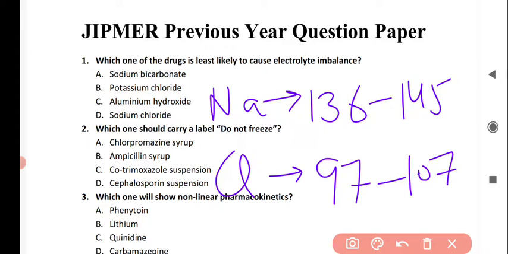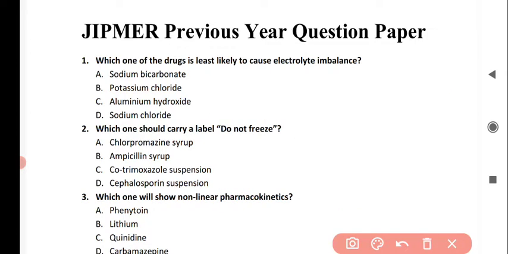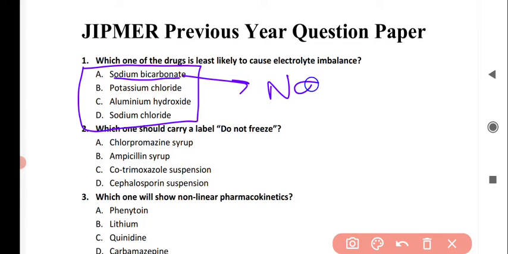So now coming to this question, among these, which one will be least likely to cause electrolyte imbalance? If I talk about the first one, sodium bicarbonate, we will get the sodium electrolyte from this, and it will perform the same function that I have mentioned for sodium, so it can cause electrolyte imbalance.